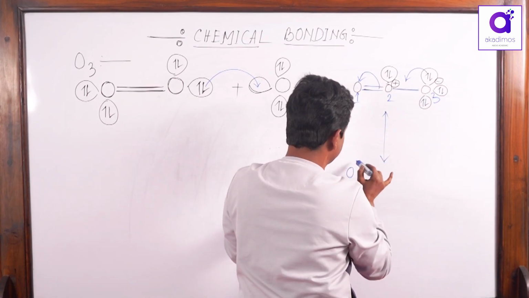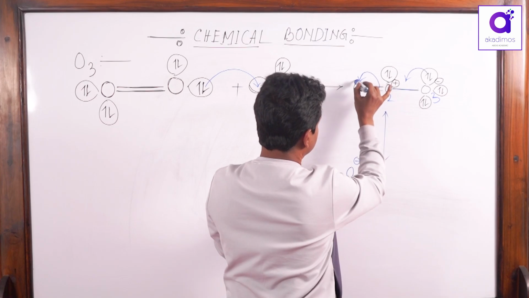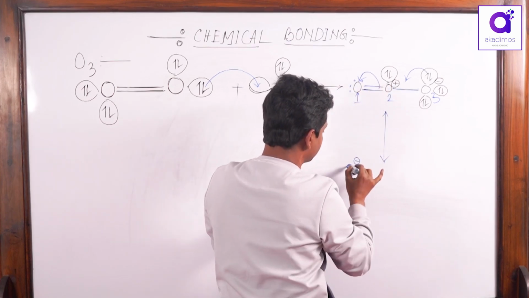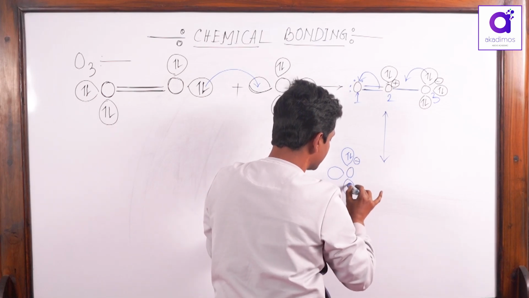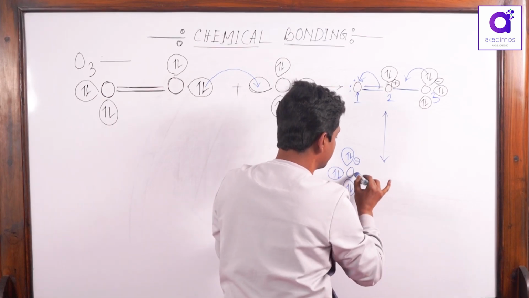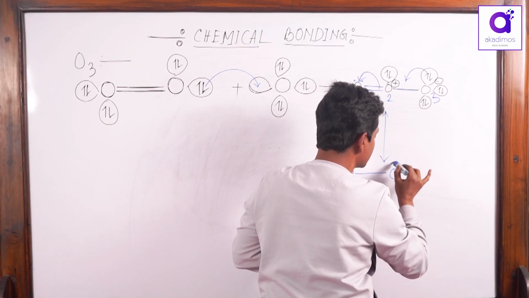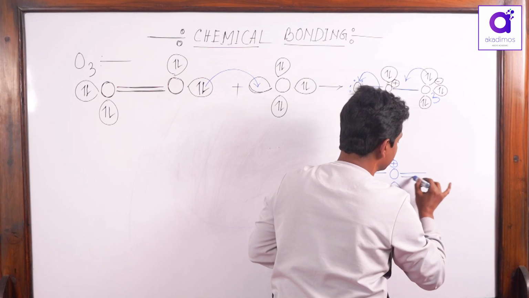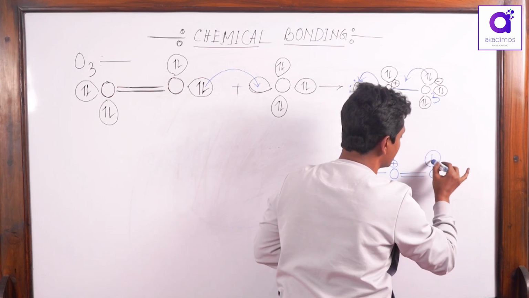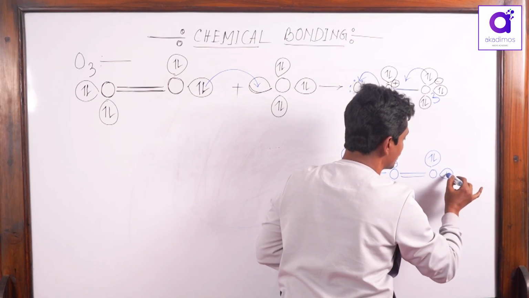That means it gets minus. Here are 2 lone pairs, so now it is minus with 3 lone pairs, and it becomes a single bond. This is plus with 1 lone pair. And this oxygen gets neutralized by donating its electron pair.